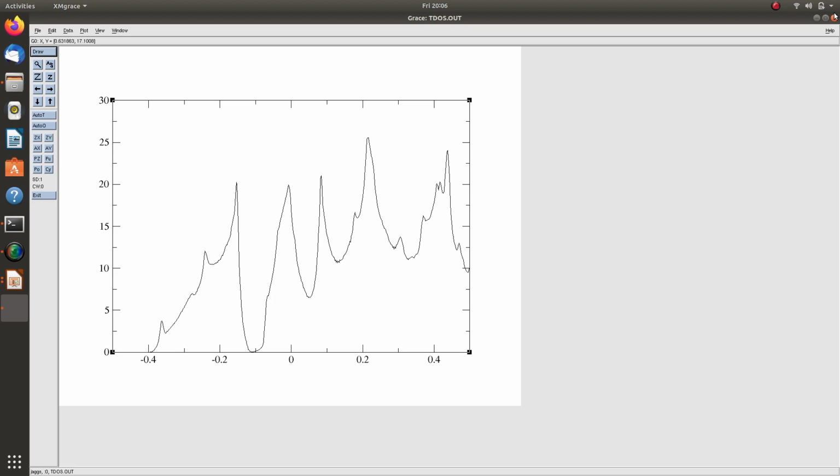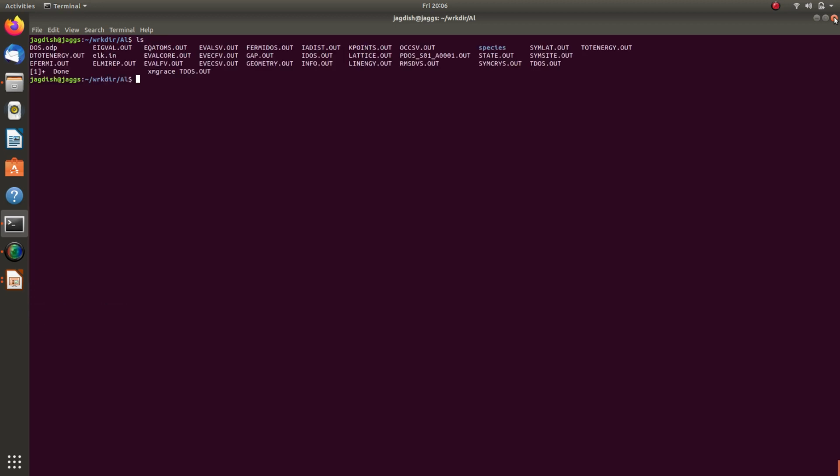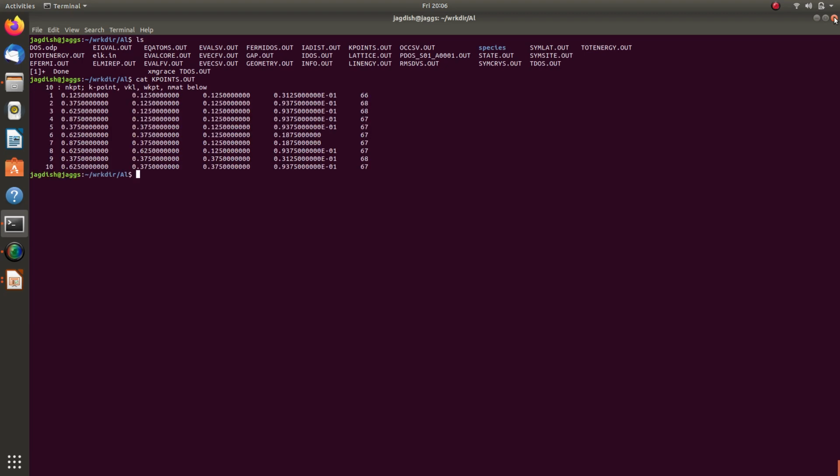But here comes something important: how many k points had we used for calculating the electronic density of states? Only 10 k points. In the last lecture I was talking about k point convergence. First, you should do k point convergence for total energy, and you must not miss that.